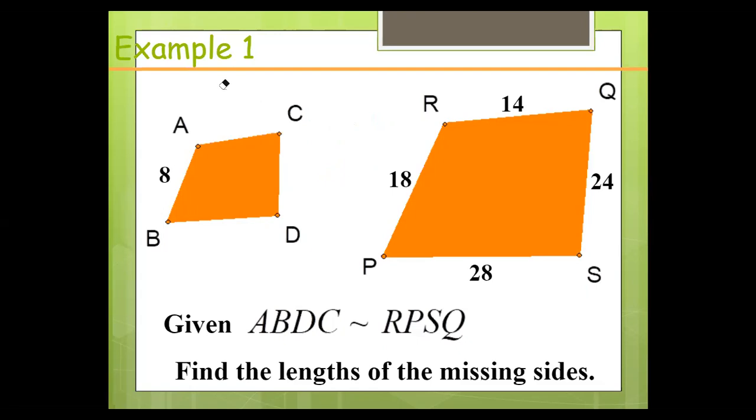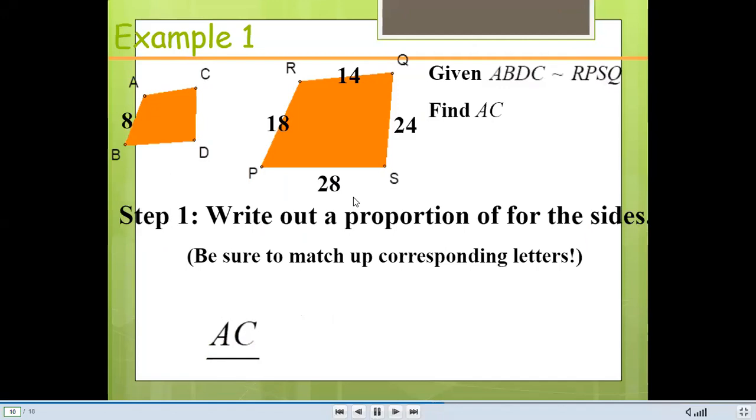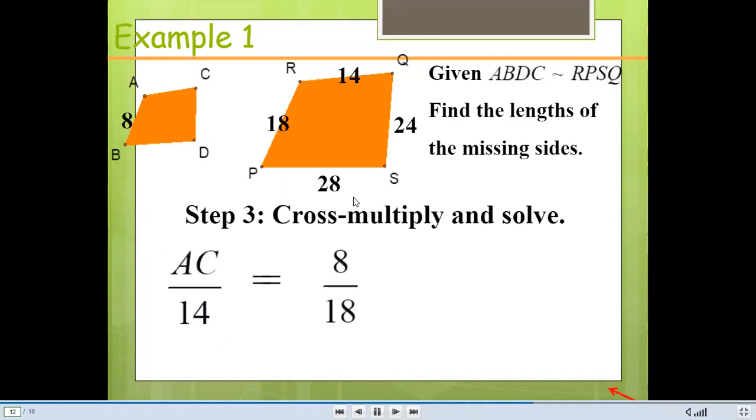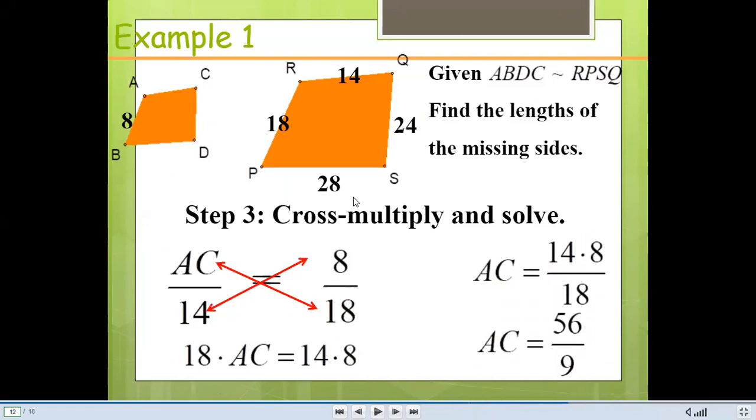Okay, and how will we find the third one? We are going to use the same way, which is BD over 28 equal 4 over 9. Then to find the missing sides, we will first calculate the scale factor, and then we will use cross product to find the length of each side.